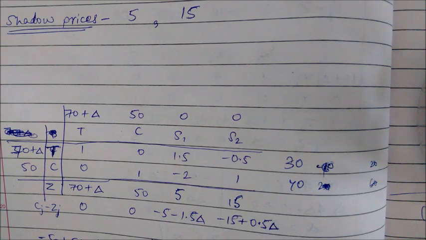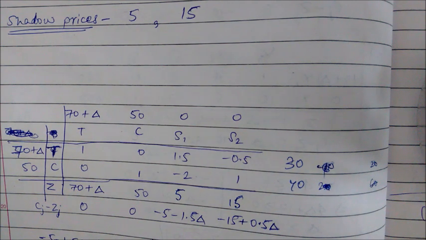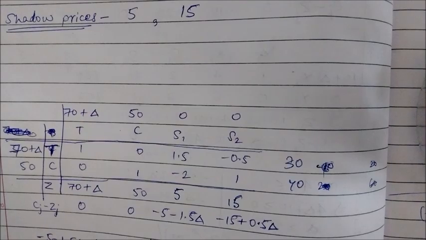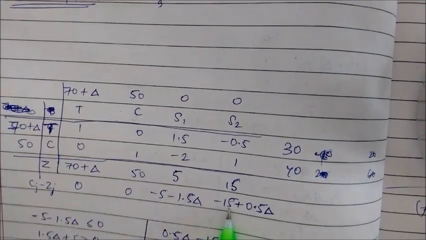So the inference of shadow prices is, if we increase 1 hour of our painting hours, then our profit will increase by what amount? If a shadow price is 5, then increasing the painting hours by 1 unit, our profit will rise by 5. Again, the shadow price was minus of -5 and minus of -15.